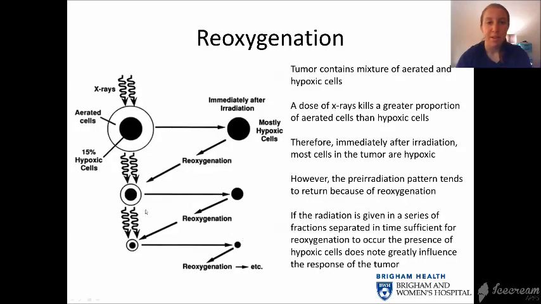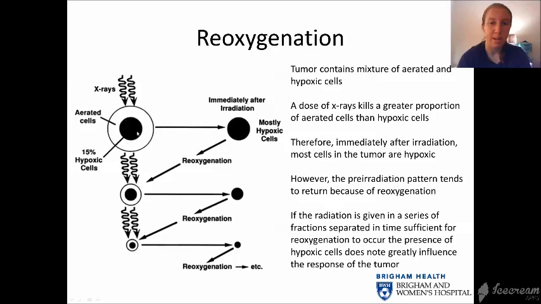So the reason why we need reoxygenation is because if we're going to fractionate, basically the tumor contains a mixture of aerated and hypoxic cells. So a dose of X-rays kills a greater proportion of aerated cells than hypoxic cells. So if you have your tumor here, well, this whole thing is your tumor. The aerated cells are on the outside, so oxygen can actually reach them. Hypoxic are on the inside. Irradiate the tumor.